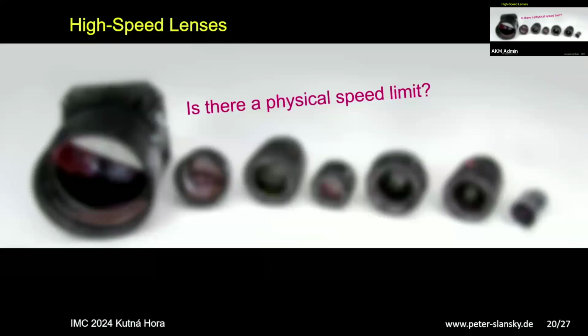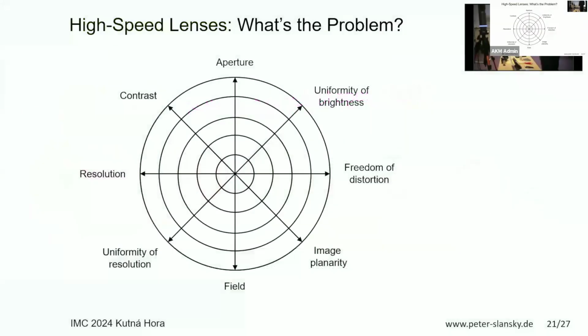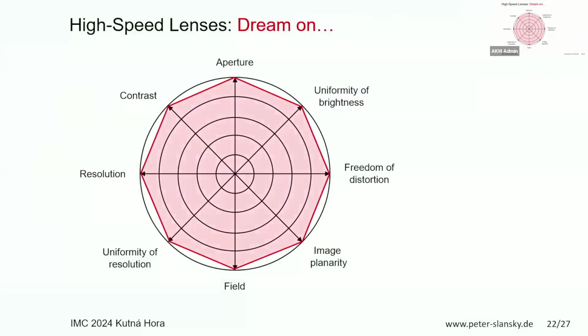I found here, thanks to Zirko who gave me that indication, this guy who examined high-speed lenses, and I found one that was 0.57. I don't know how the quality is, because the quality of a lens is multidimensional. What you dream of is something like that. Yeah, dream on. You will not get it for your money.